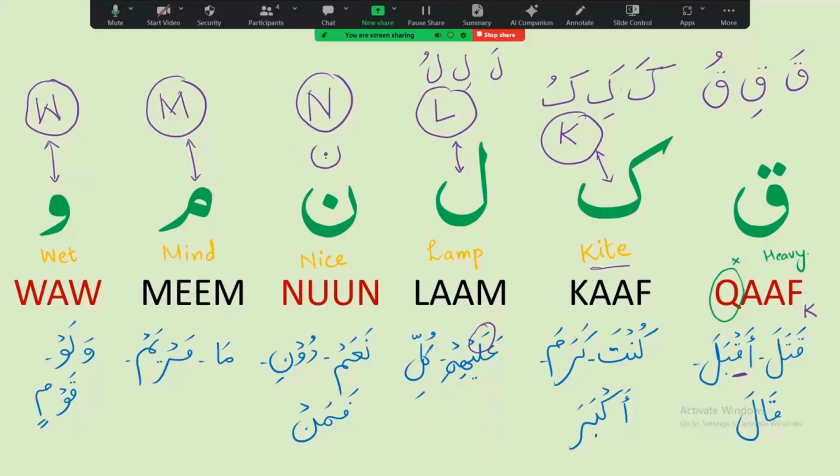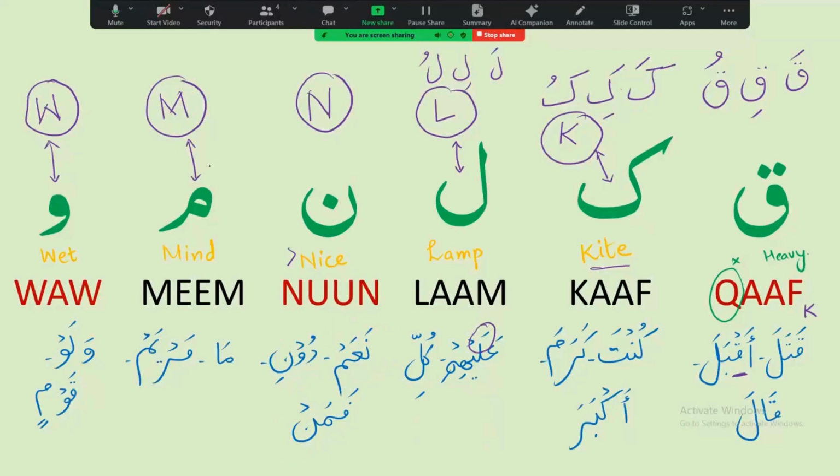We say noon when we say nice, or when we say Na'am, which means yes in Arabic. Na, ni, nu, right? And the last example is faman. We have n sound at the end here.